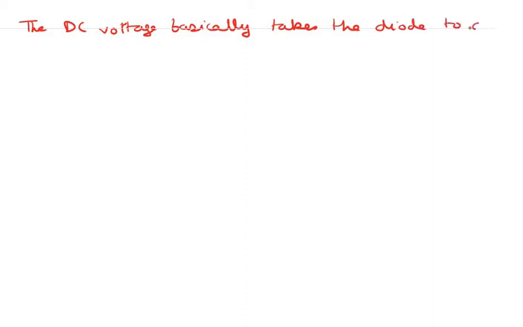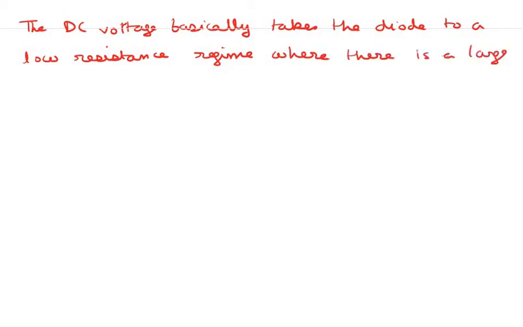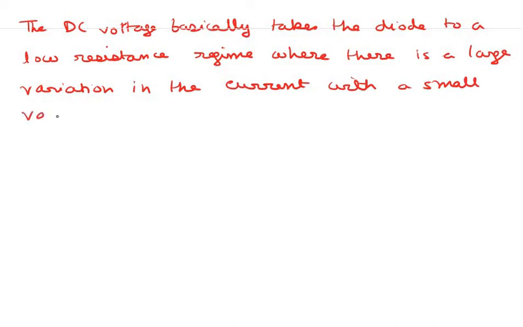So the DC voltage takes the diode to a low resistance regime where there is a large variation in the current with a small variation in the applied voltage.